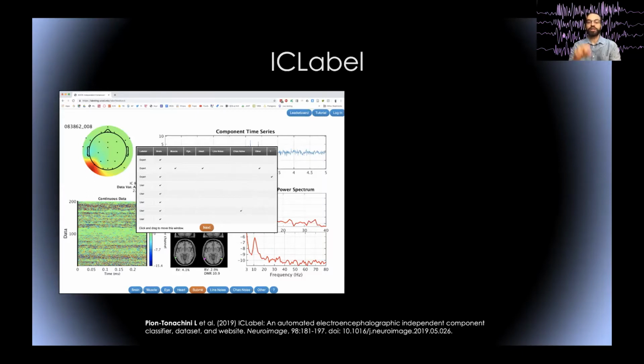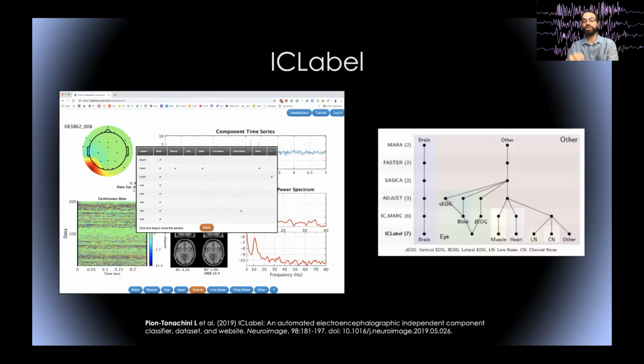So then you would know, okay, this component is an artifact and it's an eye artifact. This component is a brain component, and this component is a muscle component. And again, it takes expertise to recognize this. So this is why he had this contest. And once he had all these labels, he trained a machine learning model to automatically detect these categories.